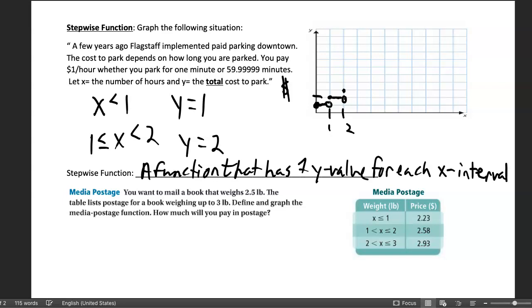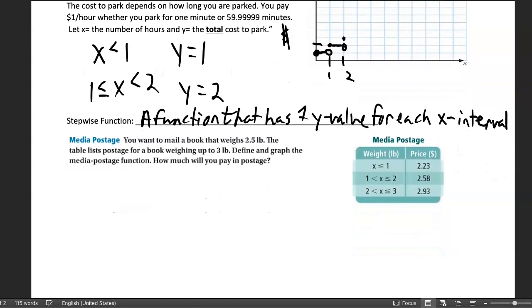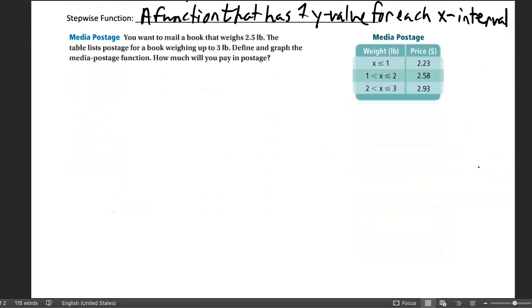Meaning that it doesn't change until we get to the next number up, whether that's 1, 2, 3, and so on. Now there's actually a couple of places that use rules like this, like the post office.